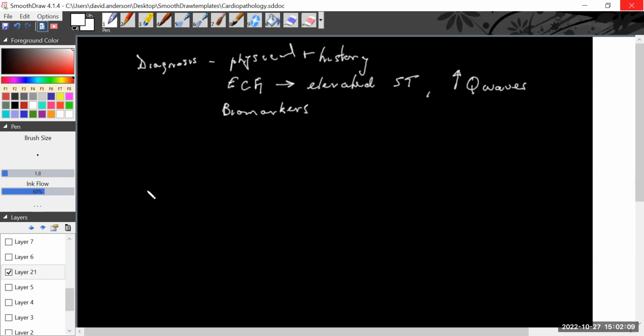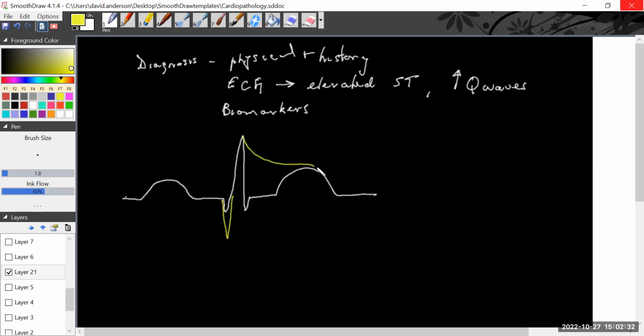So if we wanted to draw in both, here's our P, Q, R, S, T. Okay, so if we go in yellow, when we talk about a larger Q wave, we may see a dip down like that, and the elevated T wave joins up.